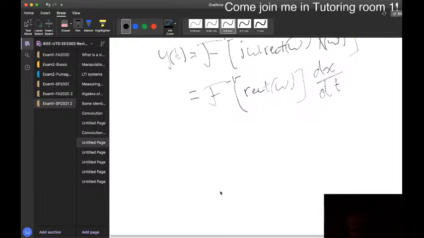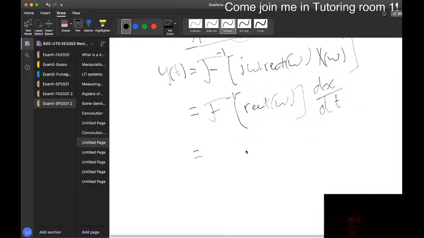So we get the time domain derivative, and then we get a sinc function, sinc of dx over dt.